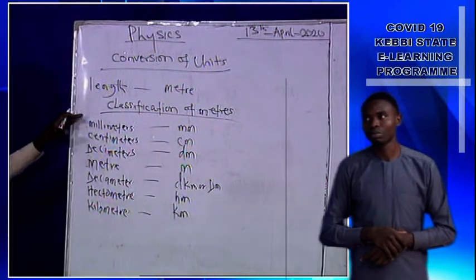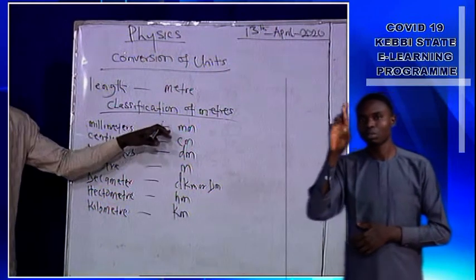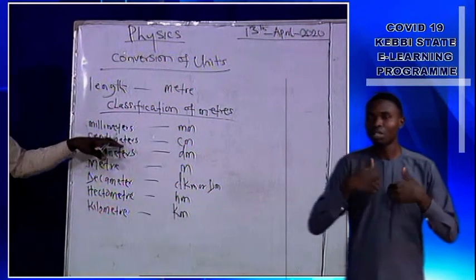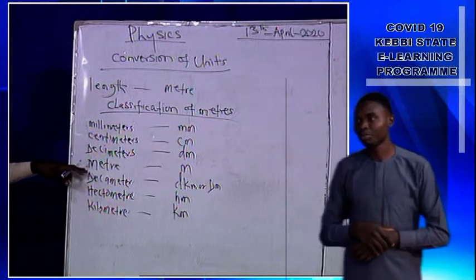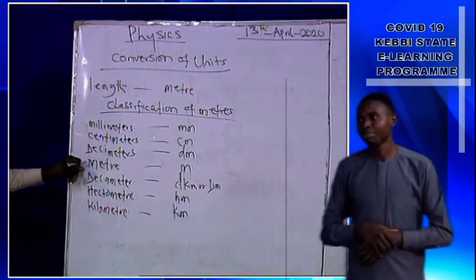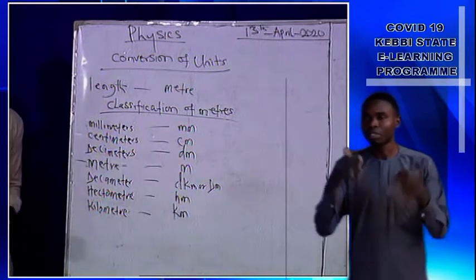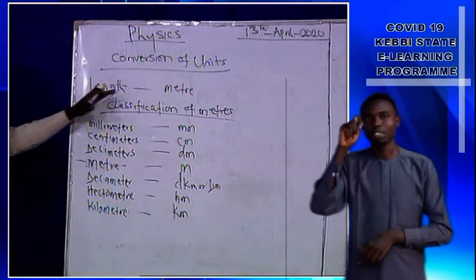So these are the classifications of meter we have: millimeter, centimeter, decimeter, and meter. As I told you, meter is our standard unit, the System International unit of measuring length.